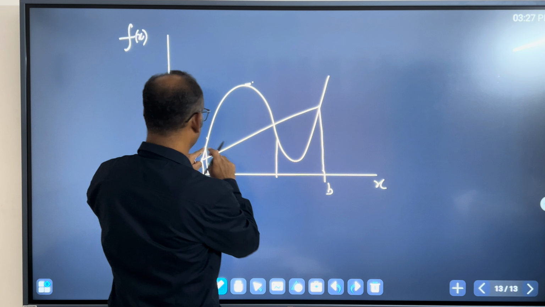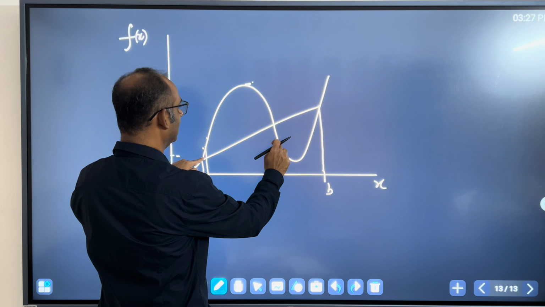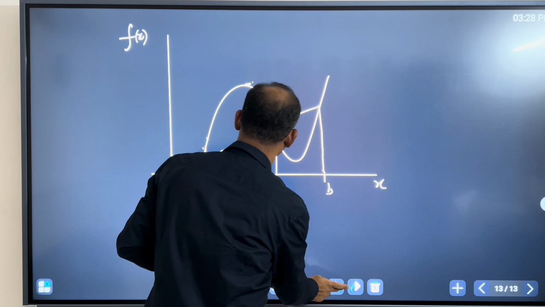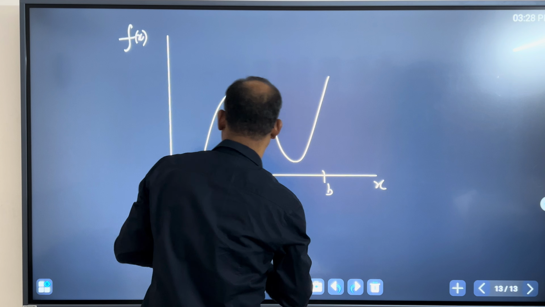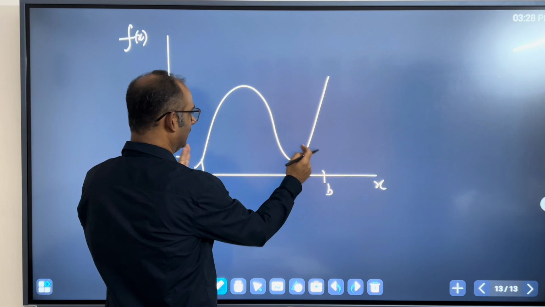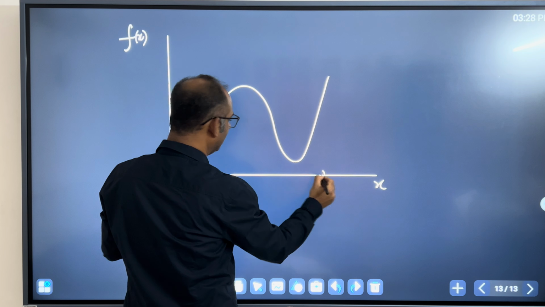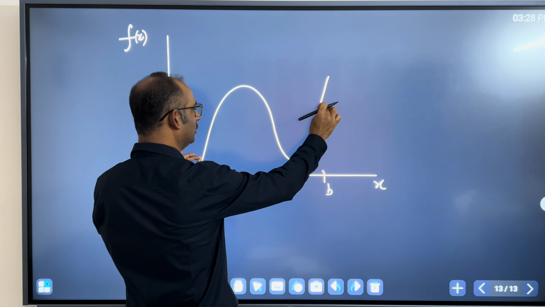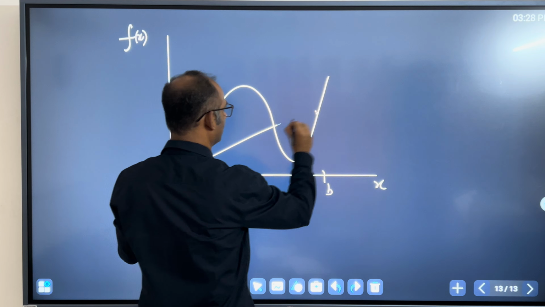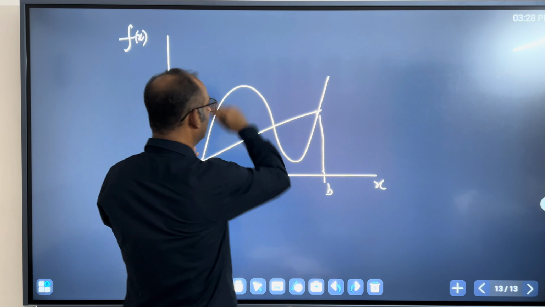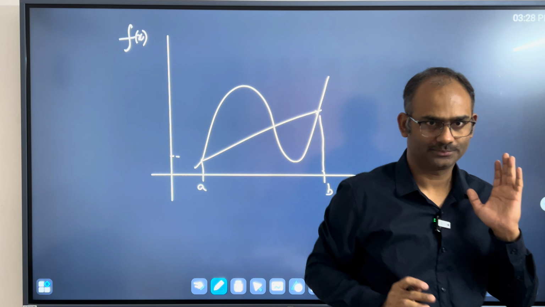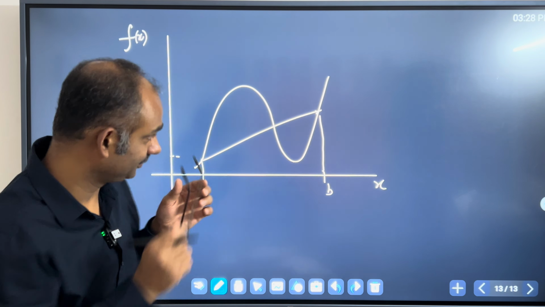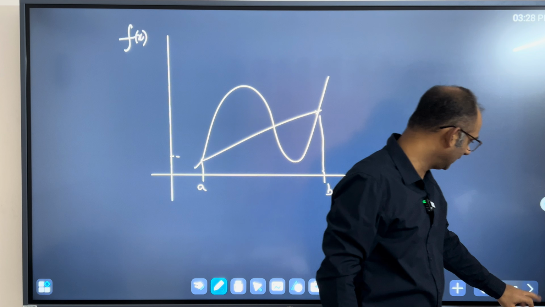If you take a different point, our claim is about when I join the two points, choose arbitrary points A and B, connect those, whatever slope you get for that line, there will be some point where the slope will be equal to this. At least one. Actually, there could be more, yes, at least one. Is that okay? So that's the mean value theorem.